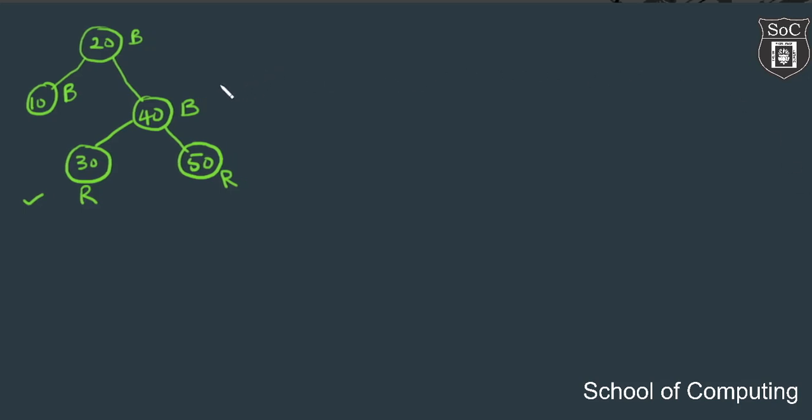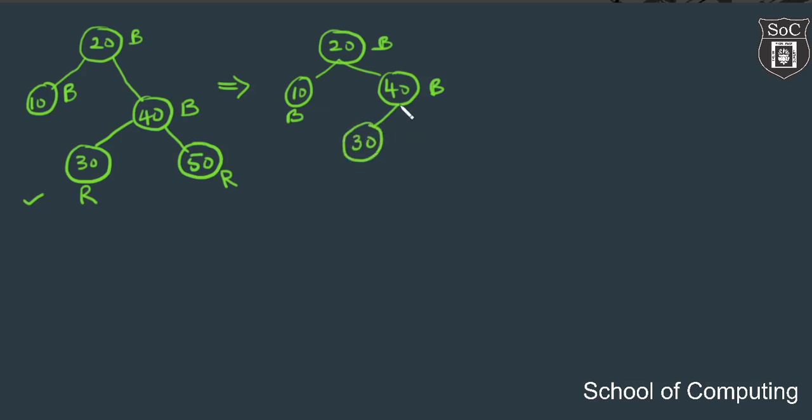So as per this diagram, where will 25 be inserted? 20 is black, the left side of 20 is 10 which is also black, on the right side we have 40 which is black. 40's left side is 30 and 50.